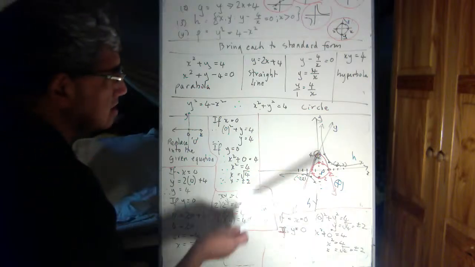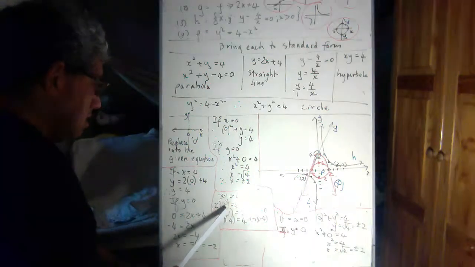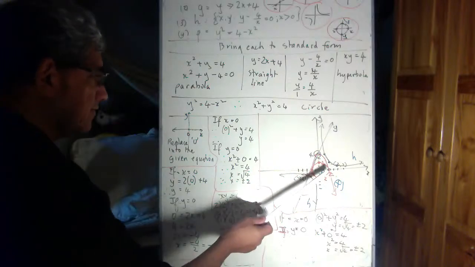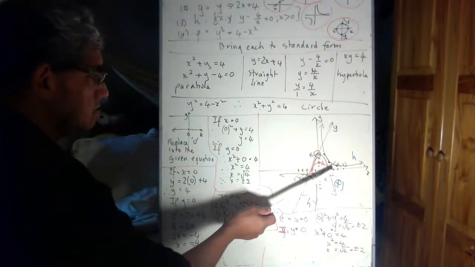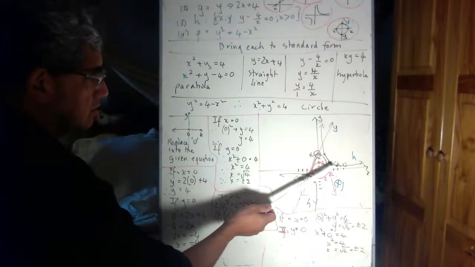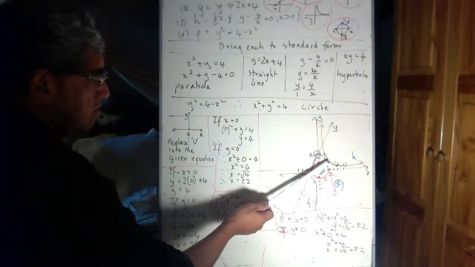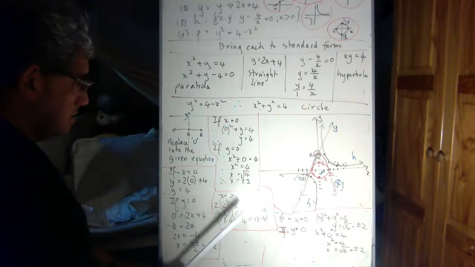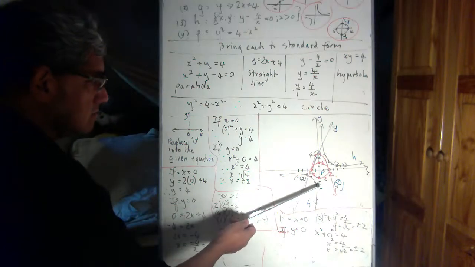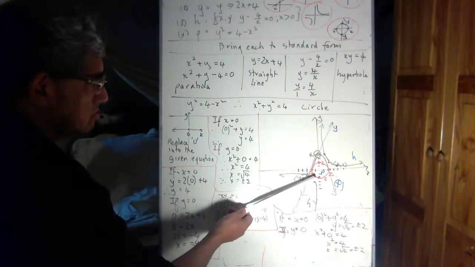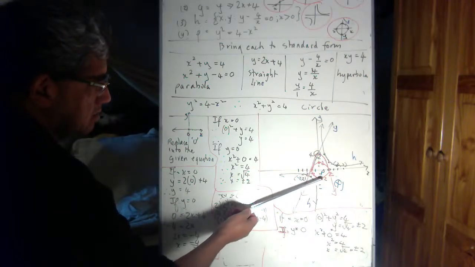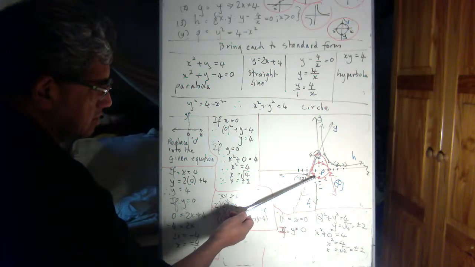So we can say if x is 2, then y is 2. So you plot that point there. That's the middle point there. And if x is minus 2, then y is minus 2, and you plot that point there.